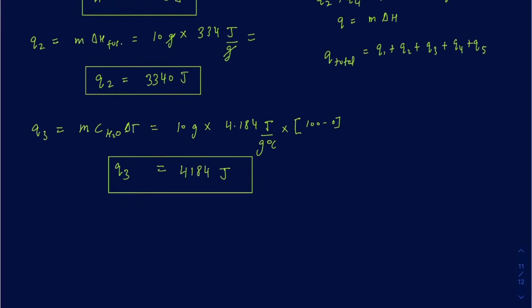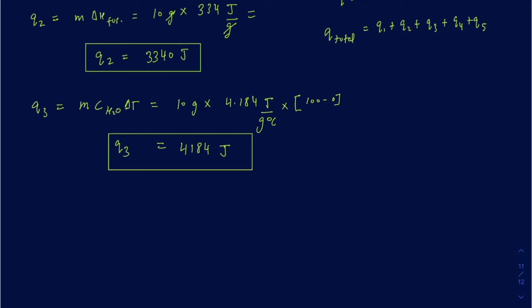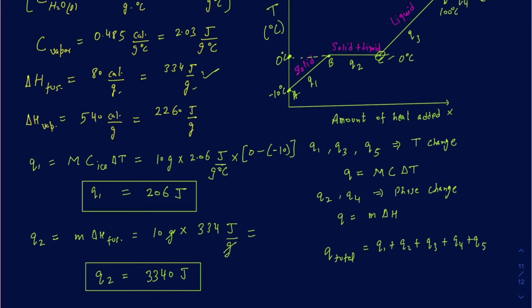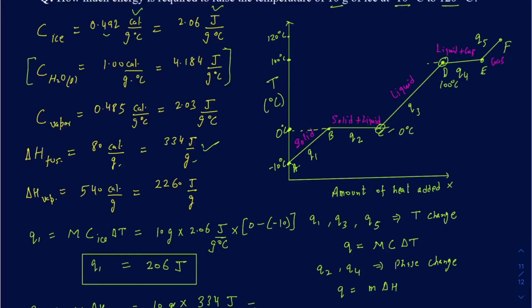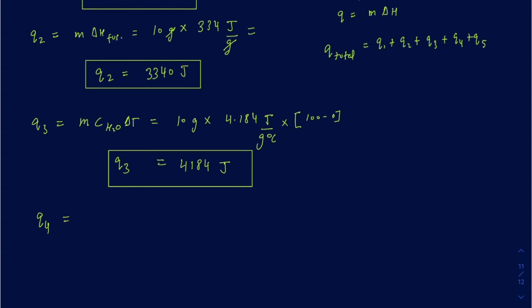Okay, so now let's calculate Q4. If I go back and see what Q4 is, Q4 is only the phase change. That's where the liquid converts to steam. Since it's a phase change, I'm going to be using the mass times the delta H of vaporization.